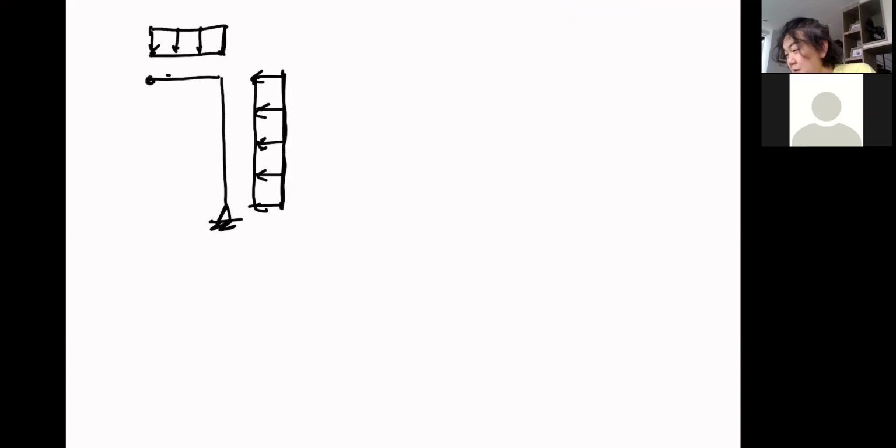We have a hinge here, but we already know all the forces. That is 6,000. That is 3833. That's 8,000. And that is 833.